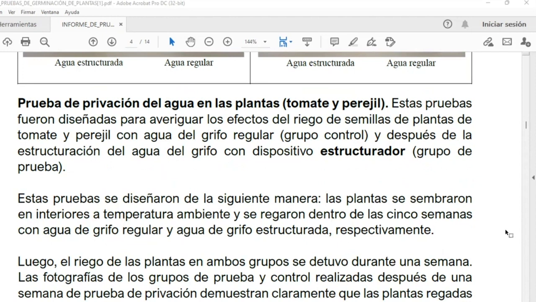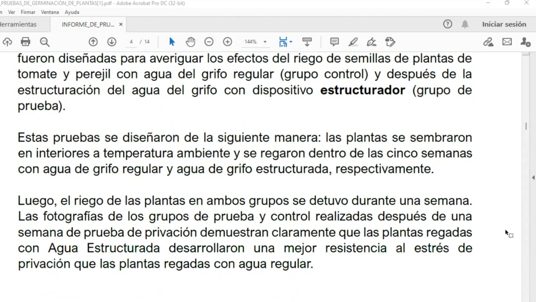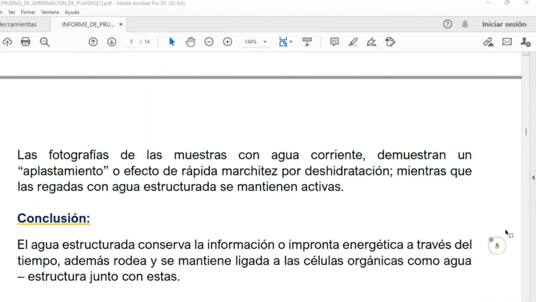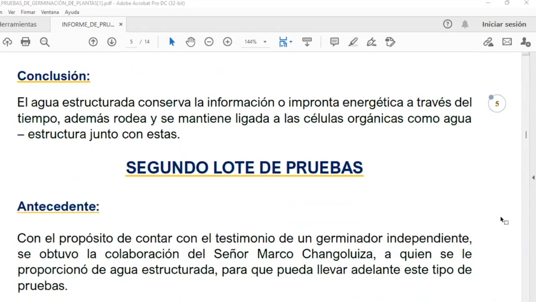Here we have alfalfa with rested water, and the same germination with structured water. It's really noticeable, the difference. Here we have another photo that clearly demonstrates the difference. From the 5th day, notice that in just 5 days there is practically a development of foliage. We already have here the wheat with regular water, and the wheat germ.